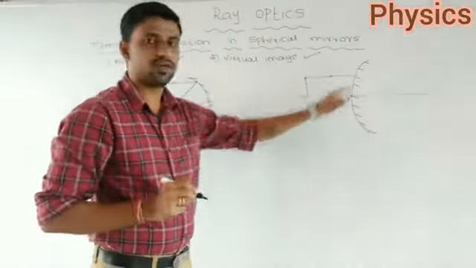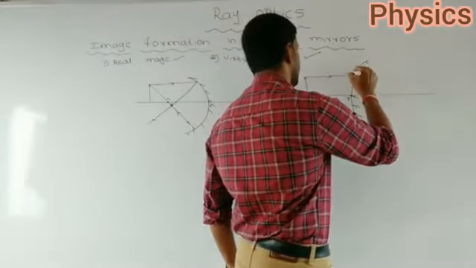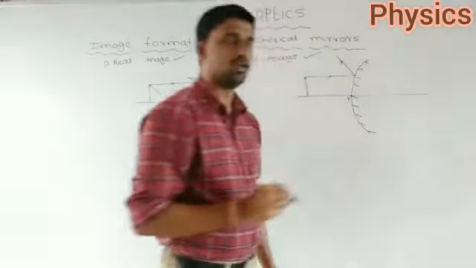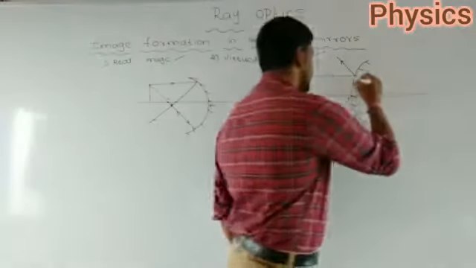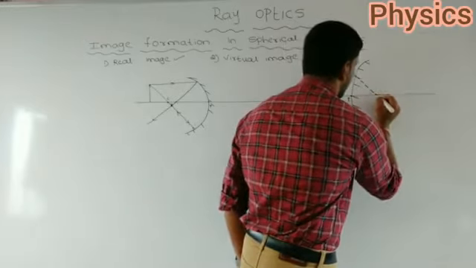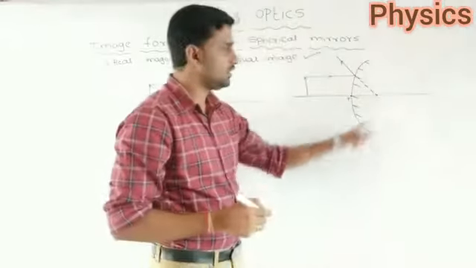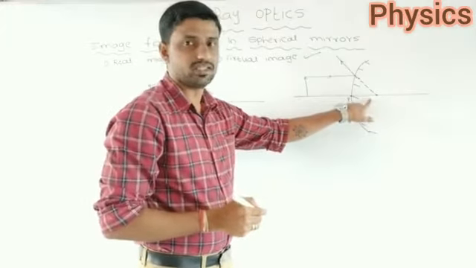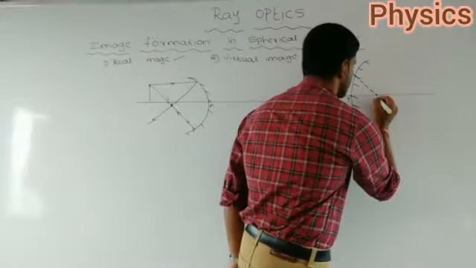After hitting the reflecting surface, it will reflect back like this. If I extend this reflected ray, I will get one point on that extended line meeting the principal axis. That point is called the principal focus.